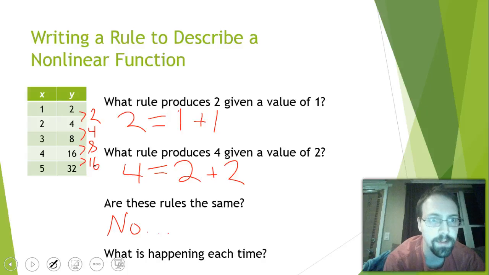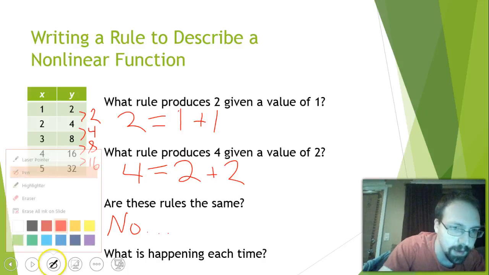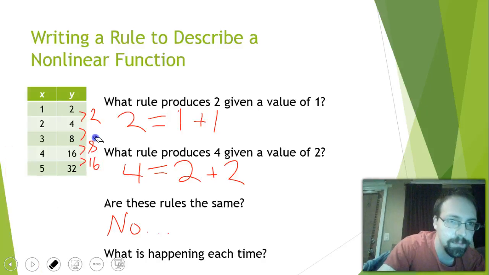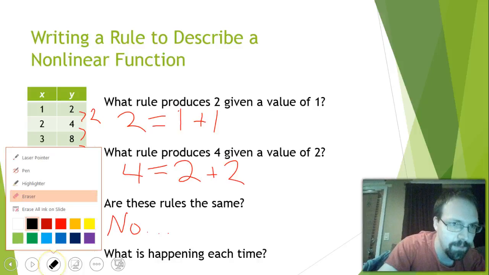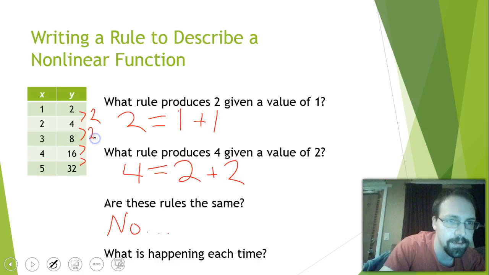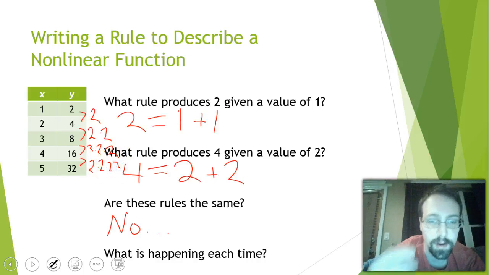Like it's going up by 1, 2, and then by 2 times 2, and then 2 times 2 times 2. So that 2 is getting bigger and bigger each time.